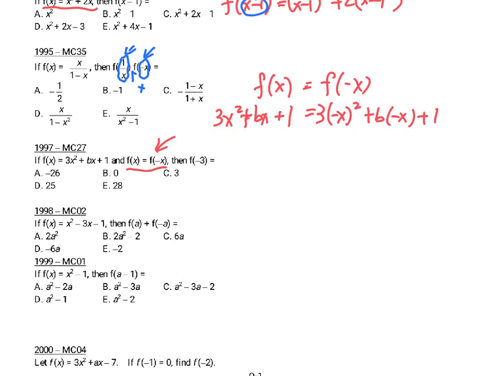You just copy the equation again, substituting x and negative x, and they are equal. Then you solve it to get the value of b. After you find b, you can solve the remaining part.